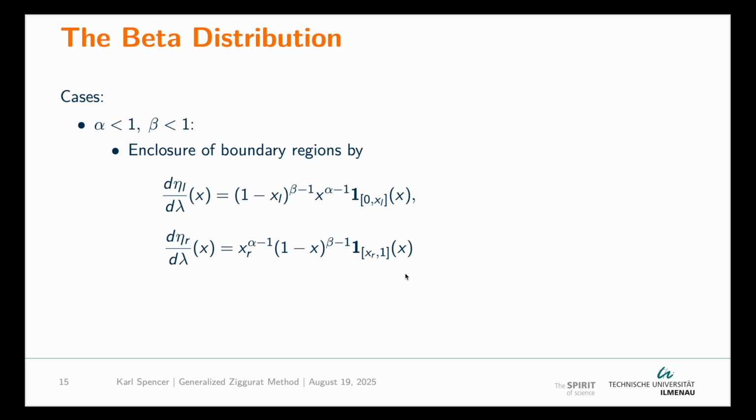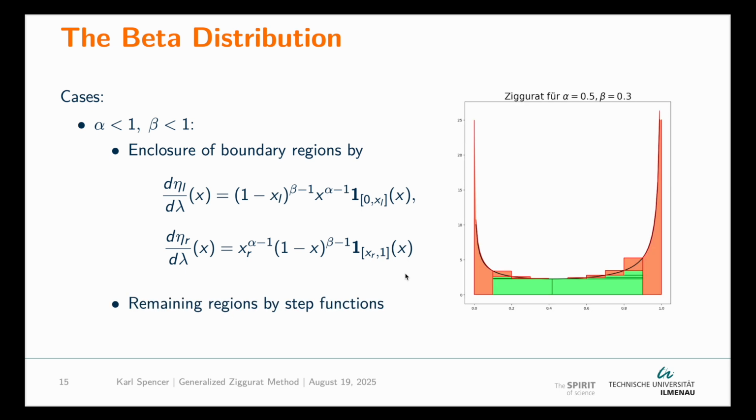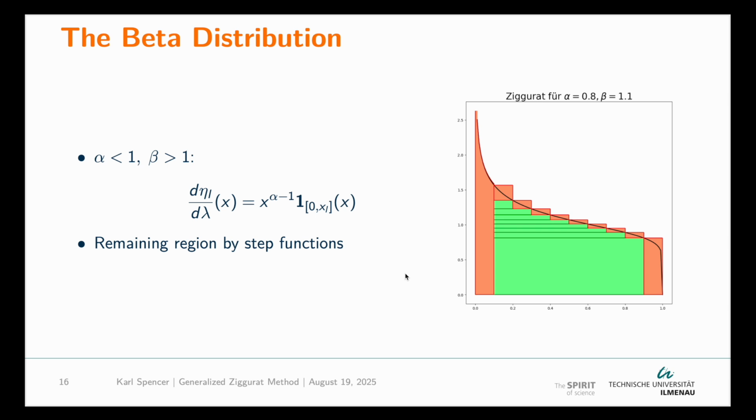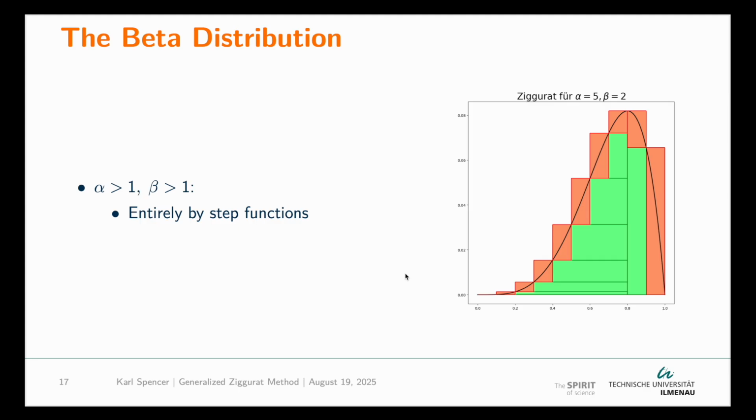For the first case, we view both parameters to be smaller than 1. In this case, we need hyperbolas to enclose the boundary regions, and enclose the rest by step functions. For one parameter smaller than 1, we can use one hyperbola and step functions to envelop the density. And for both parameters greater than 1, the enveloping becomes trivial as the density is bounded.